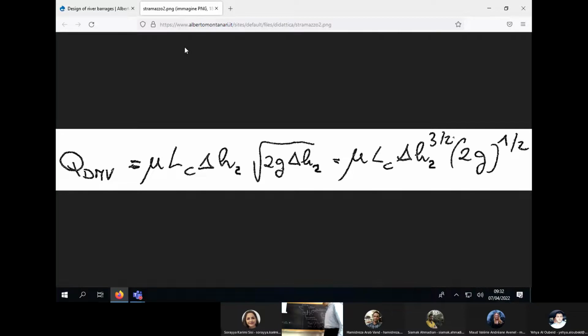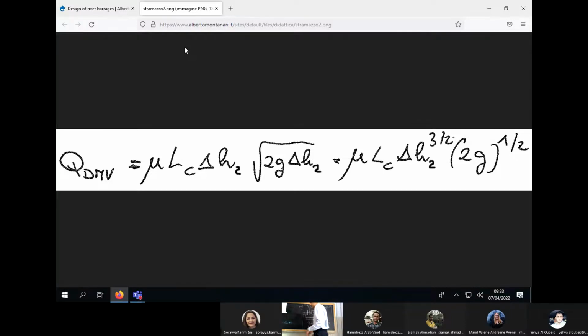Now, what is our interest? What we know is QDMV. How can we know it? The QDMV usually is given by the legislation, technical guidelines or laws in force. So we know QDMV. What we have to determine here is delta H2, which can be easily derived from this relationship.